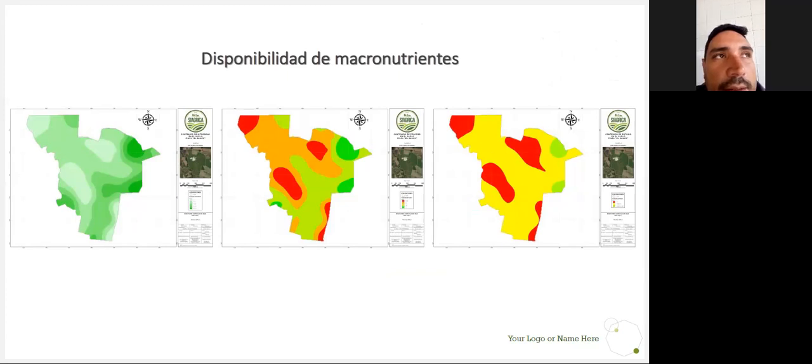One of the agro-innovations that we did in Venezuela in the last year is this kind of map, where we can see the nutrient availability maps for nitrogen, phosphorus, and potassium.